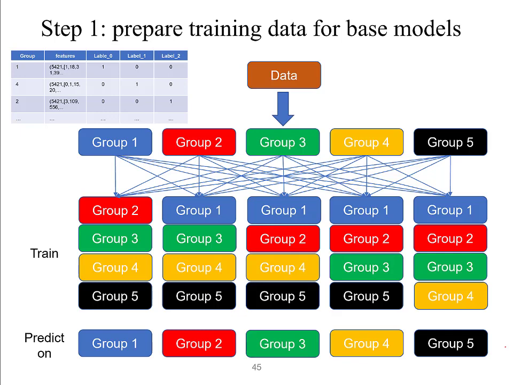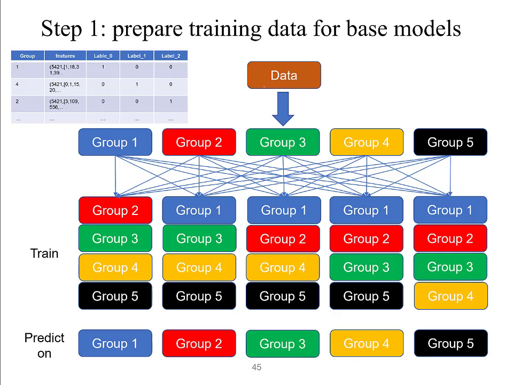Because now we have the group IDs, here is how we use them. We use the group IDs to split the data into different groups, and then to form train and prediction sets for different base classifiers.